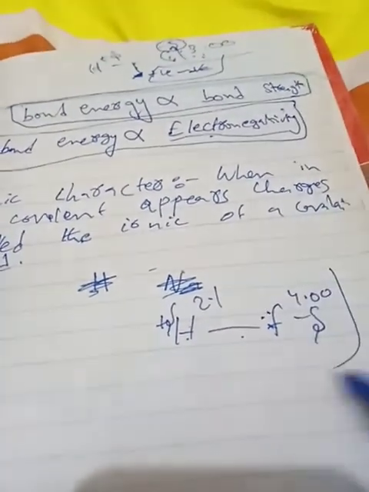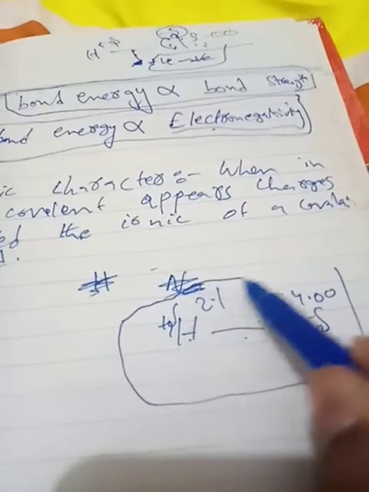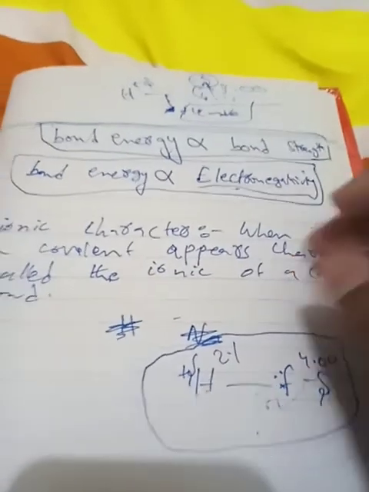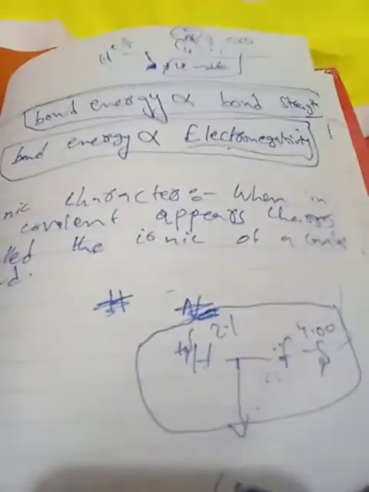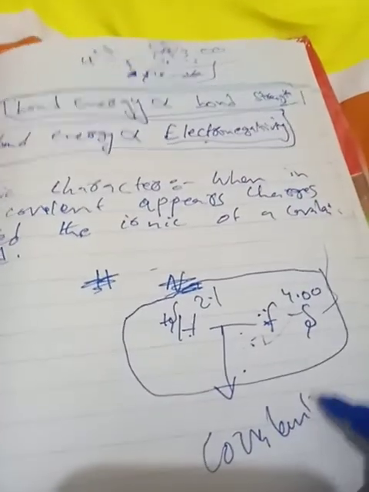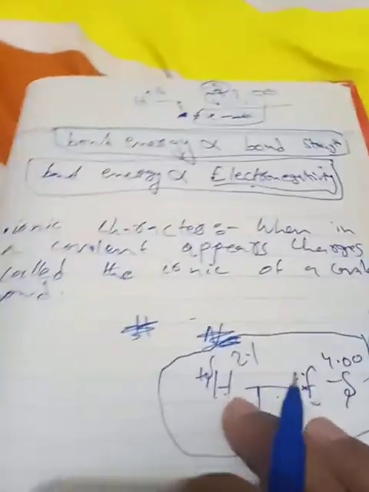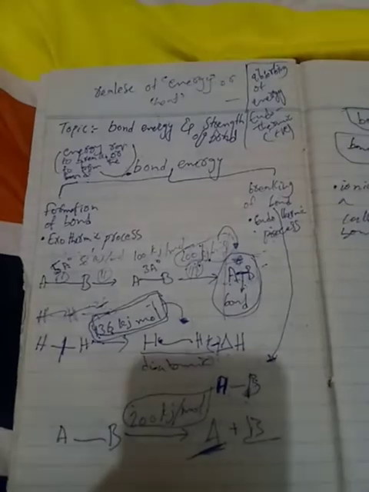This is the ionic character of a covalent bond, because this was covalent, and then the charges appear between the covalent bond. So this was today's topic. Hope you guys have enjoyed. We will see you in the very next video.